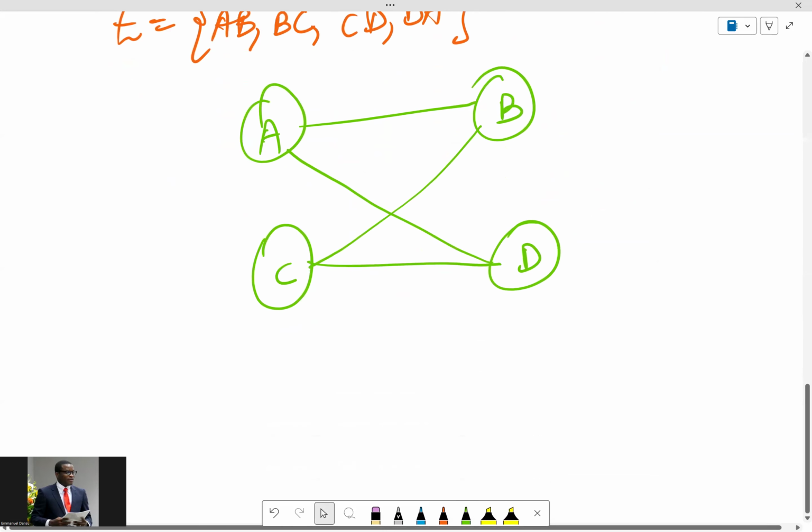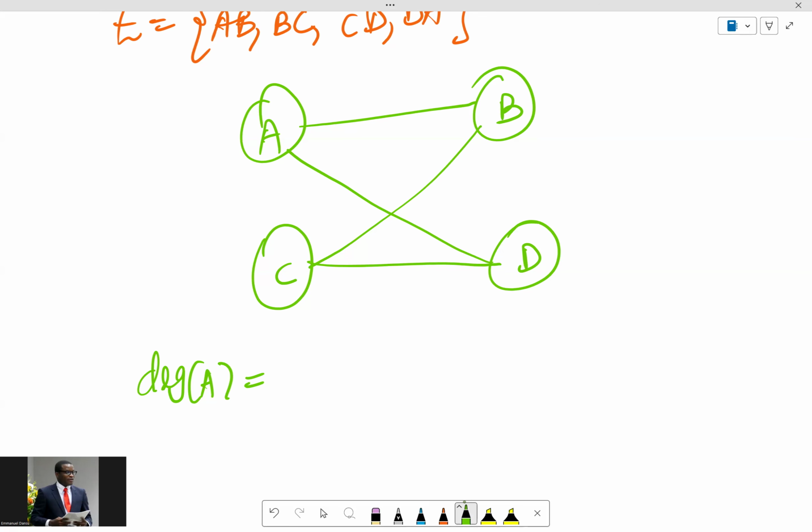In this case, the degree of A is 2: vertex A is connected to two edges.